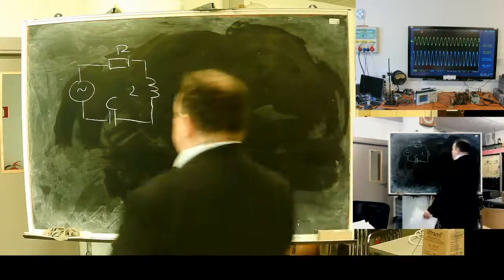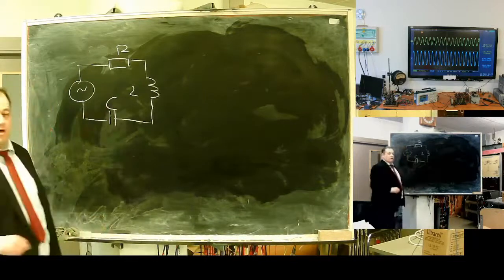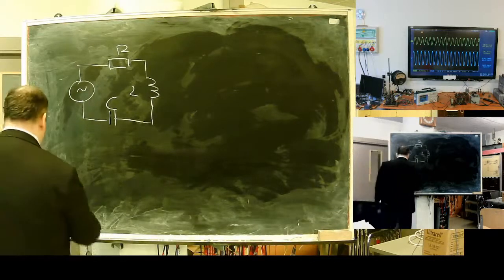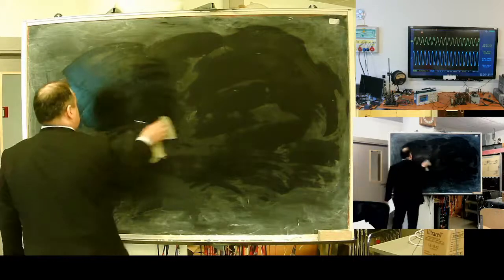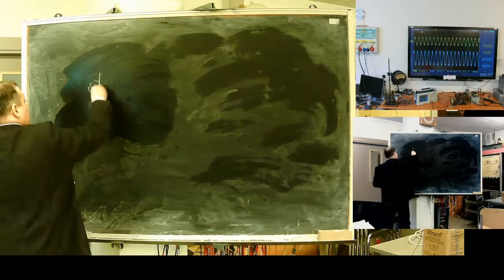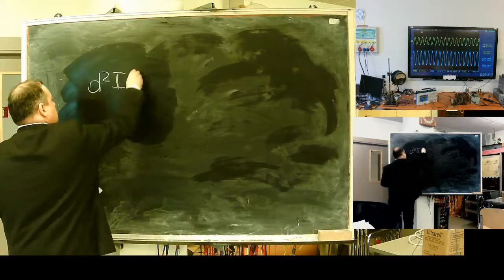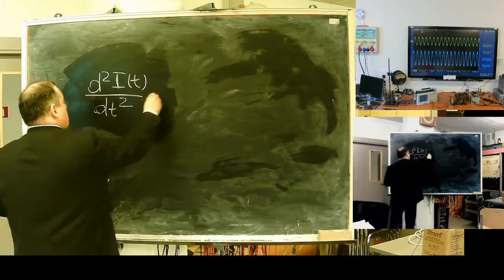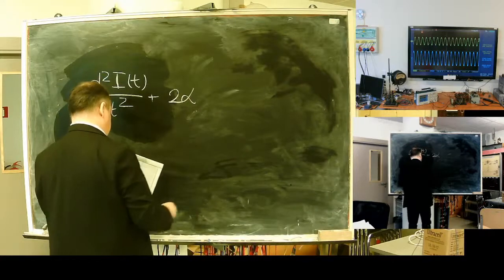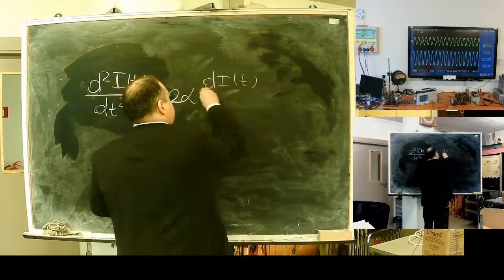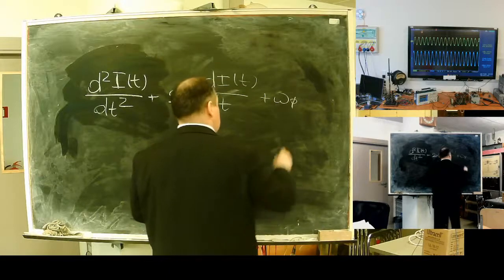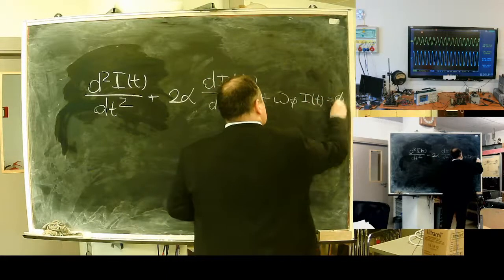If something happens here, something changes, the free component, not the sum, but the free component can be found using an equation: the second derivative of the current plus 2 alpha times the first derivative of the current plus omega 0 squared times the current equals 0.